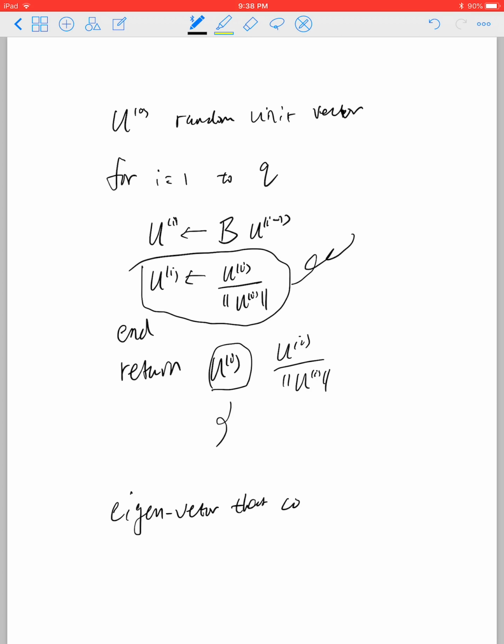To emphasize, these are the algorithm steps, so I can use an arrow to represent the update. And then after the maximum number of updates are finished, you can simply return u_i.